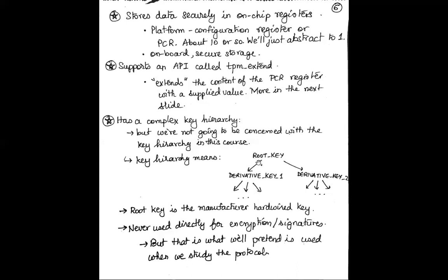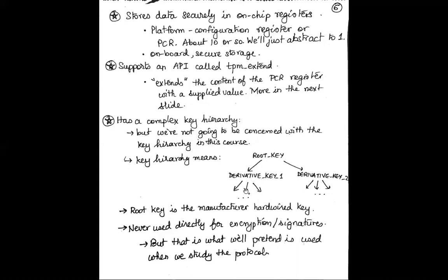Key hierarchy generally means that there is some sort of a root key, which is this public-private key made by the manufacturer. But that key is rarely ever used directly for crypto operations. Rather, you use that root key to derive some other keys, which are called derivative keys. You see over here, this root key is giving rise to two derivative keys.